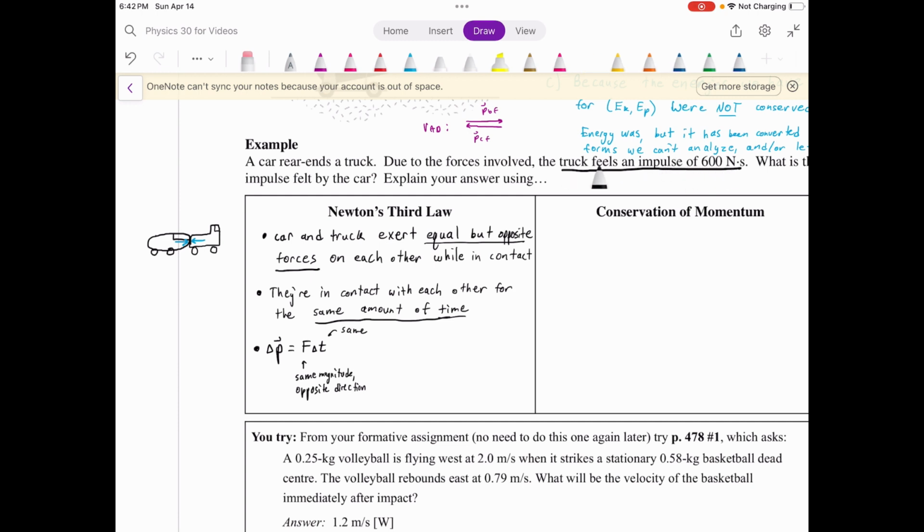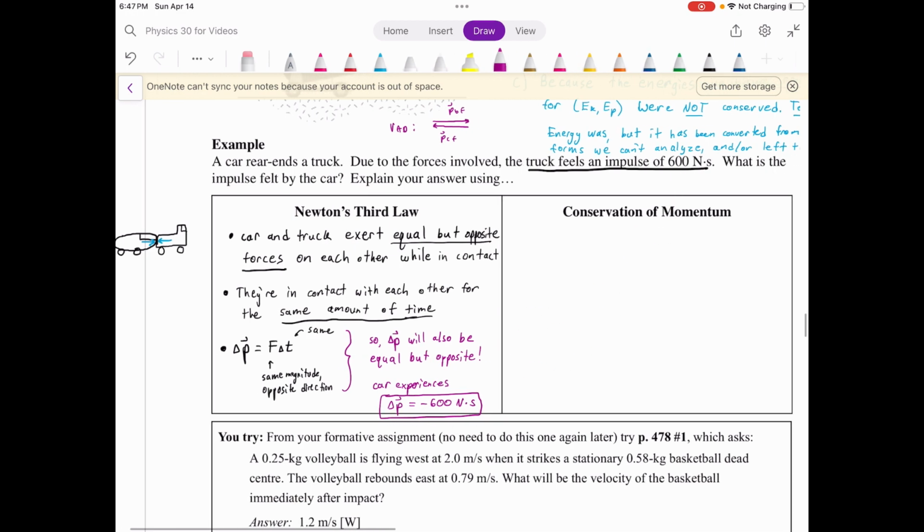If the truck's impulse was 600 newton seconds to the right, the car must feel an impulse of 600 newton seconds to the left. Since the forces are equal and opposite and the times are the same that they're in contact for, the car must experience an impulse of negative 600 newton seconds.